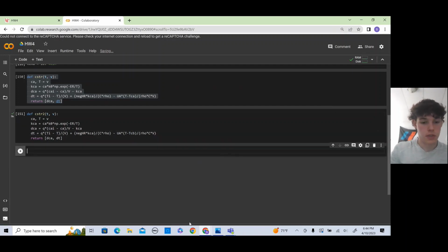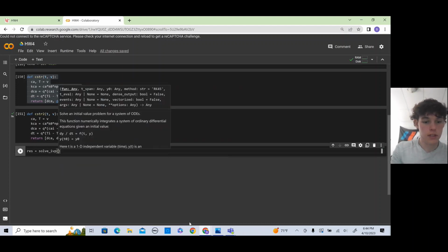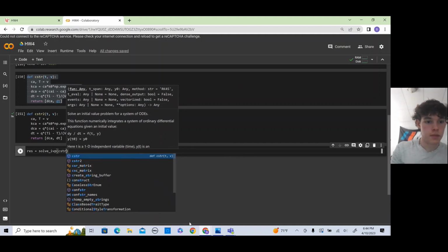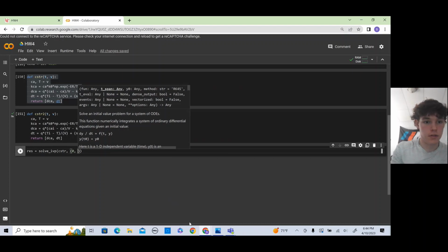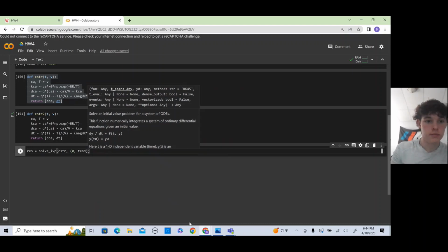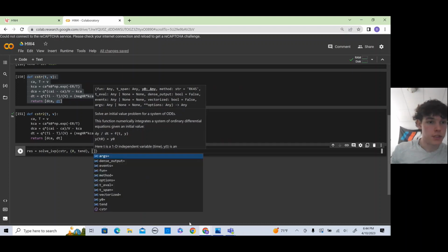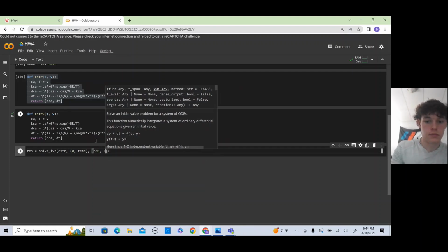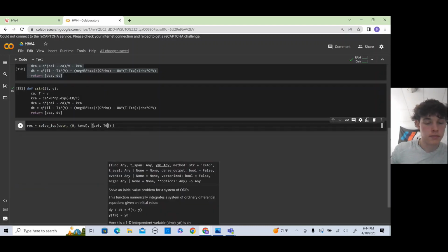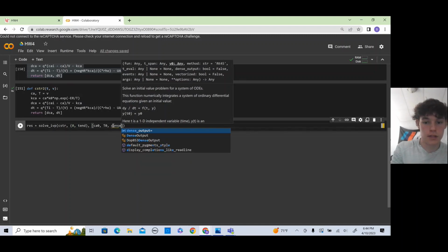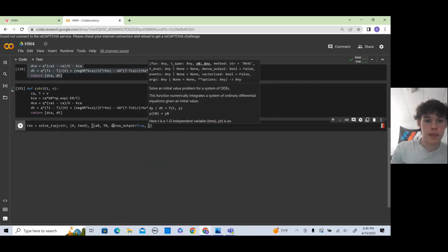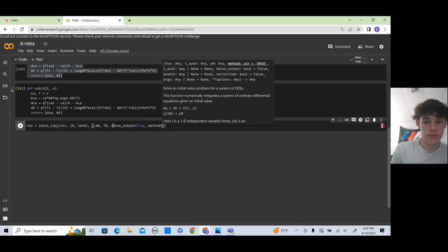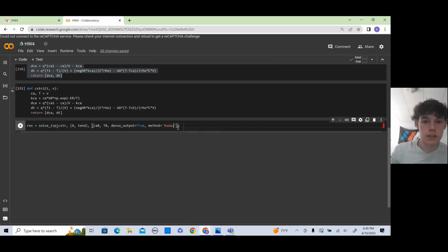Do that. So our results are equal to solve IVP of our function, so CSTR, our time constraint, so 0 to our t end, which in this case is 10, our initial values of the problem, which we have CA first and T second, so CA0, T0, make sure that's right, capital T. We want our dense output equal to true, and our method will be Radau, so it is more accurate.